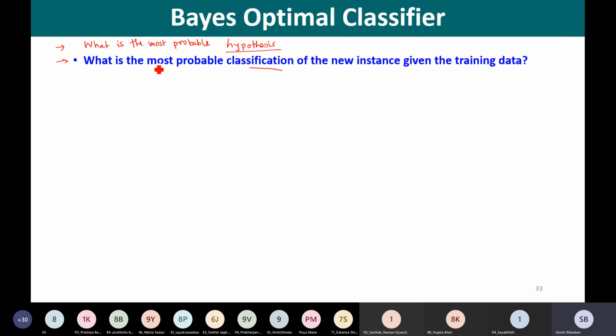And the second question that we are raising here is, what is the most probable classification of the new instance given the training data? See, whenever we say the most probable hypothesis, for example, recall that suppose we are having this two-dimensional space, and we are having some instances.